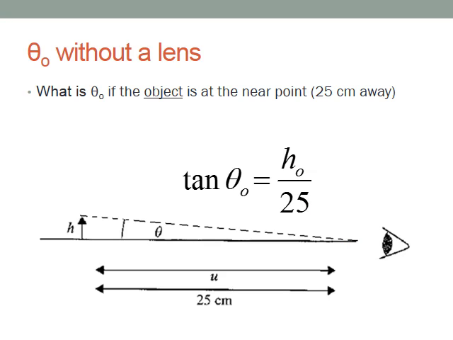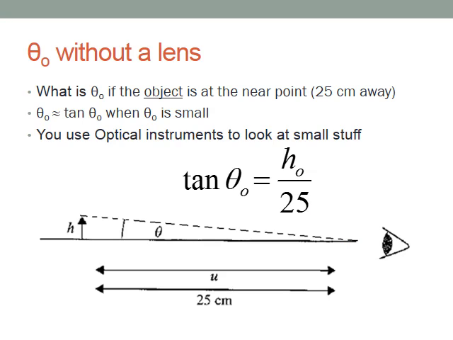So we're going to use this equation here in a little bit. And we say, you know what, tangent of really small angles, because we're looking at small objects, they're actually pretty close when you use radians to the actual angle itself. So we're going to make a substitution. I hate all these dumb substitutions, but this is what we do because it's close enough. Tangent of the angle theta O is pretty much just theta O.